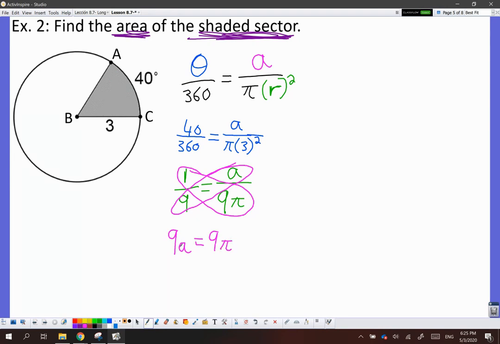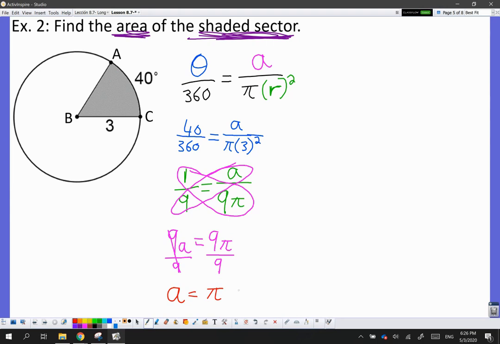So now on the left-hand side, I'm going to divide by 9 to cancel this out, but that means I divide by 9 here as well. So for my answer, A equals 9 divided by 9 is 1, and I can ignore the 1. So really this is just pi. And there's nothing else to simplify here, so that's my answer.